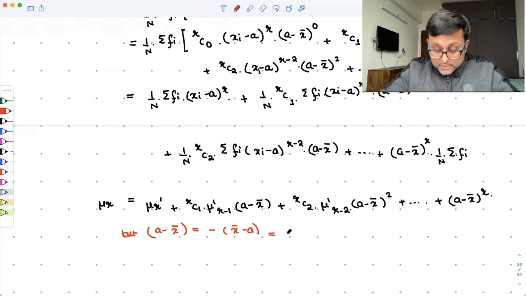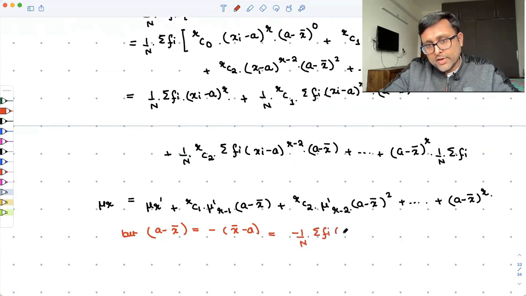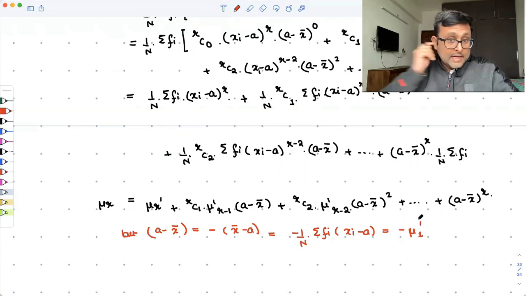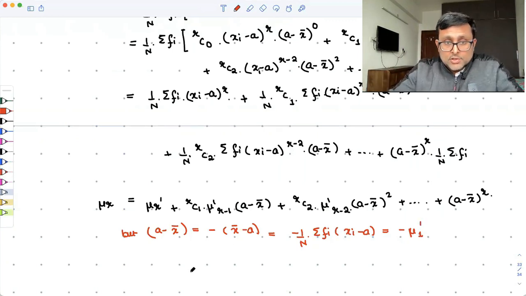So minus of x bar minus a, I can write as minus of 1 upon n summation of fi xi minus a, that is minus mu 1 dash. So wherever a minus x bar is there, I can write minus of mu 1 dash.